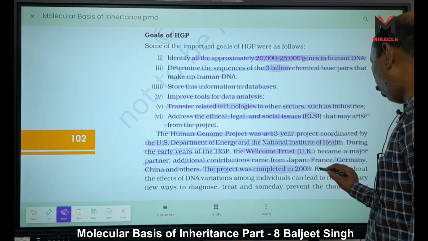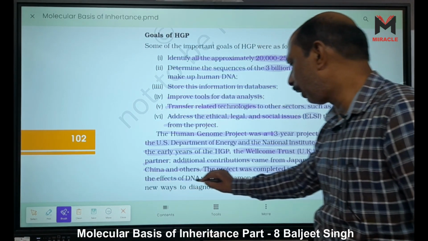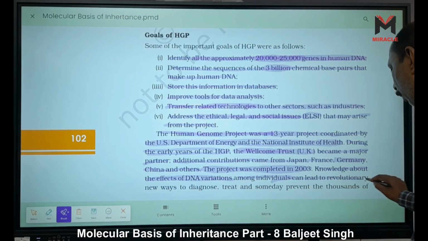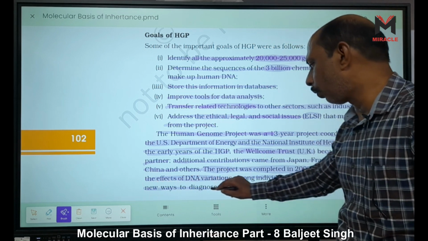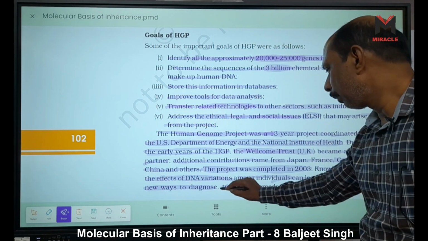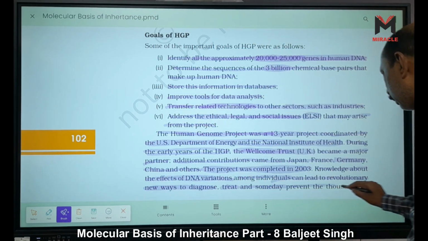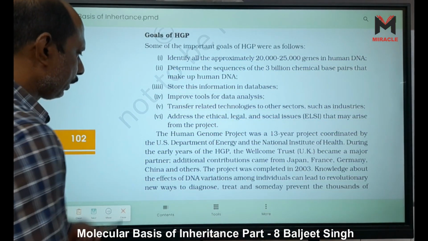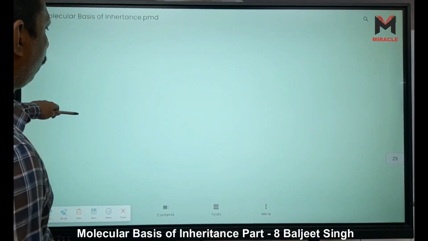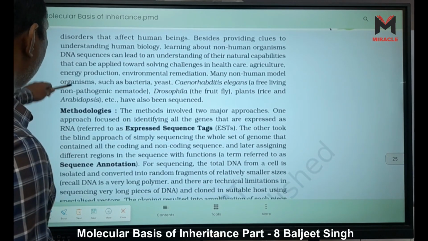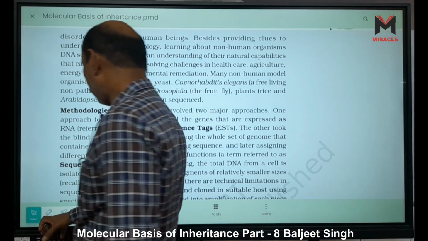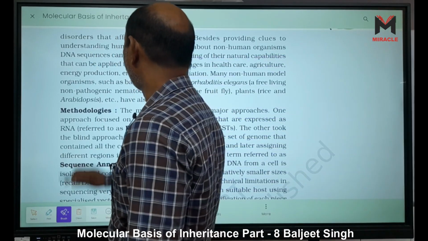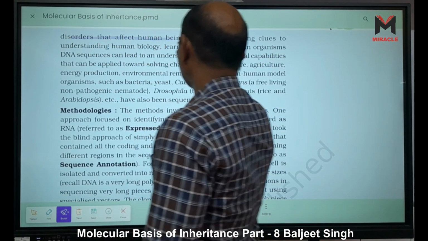Knowledge about the effect of DNA variation among individuals can lead to revolutionary new ways to diagnose, treat and someday prevent the thousands of genetic disorders or genetic diseases that affect human beings.